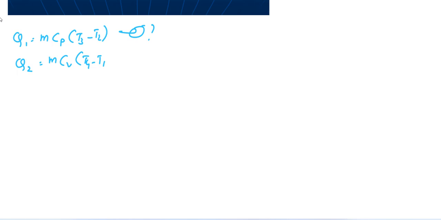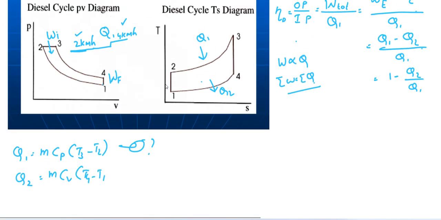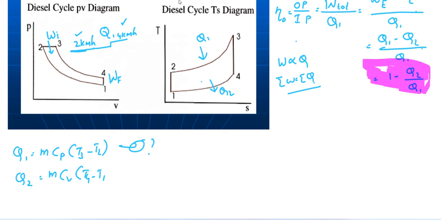How we got this, I will discuss while solving the main problems. You got here, let us assume, efficiency equals Q1 minus Q2 by Q1. It is equation 1. Efficiency of a diesel cycle.